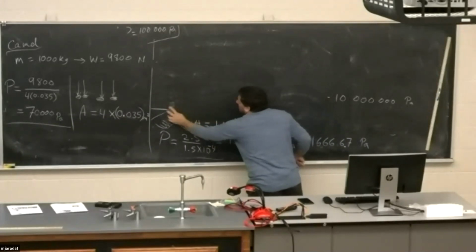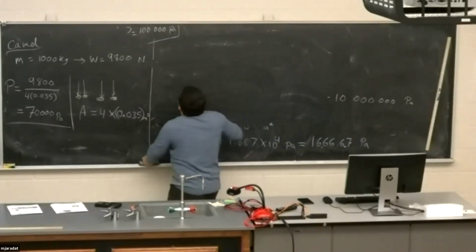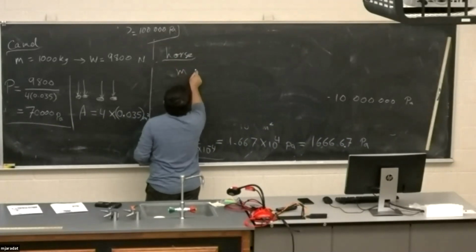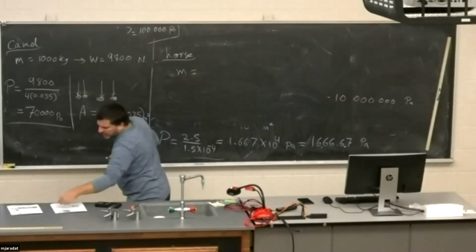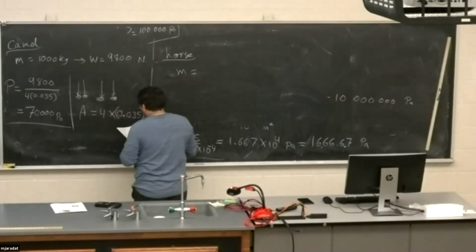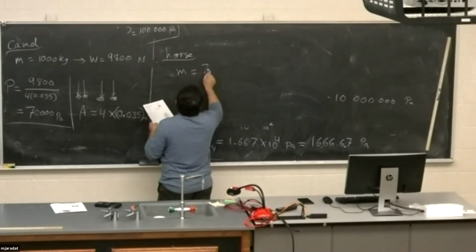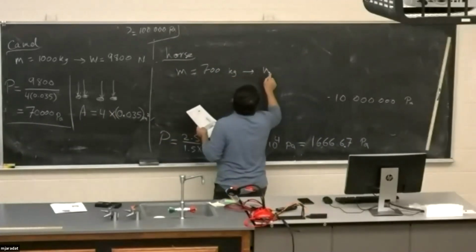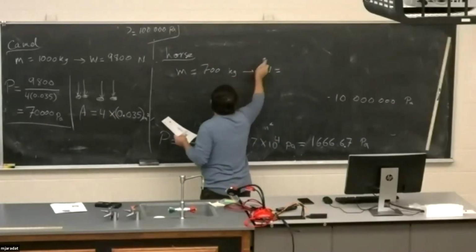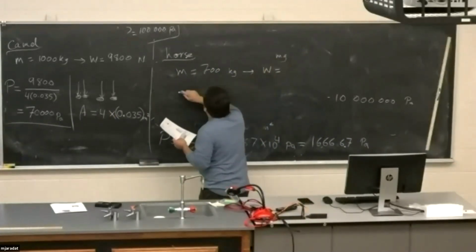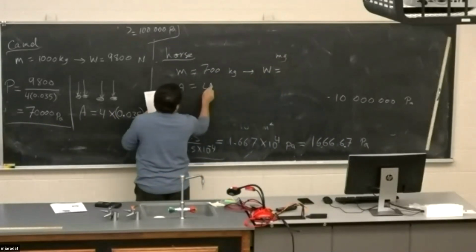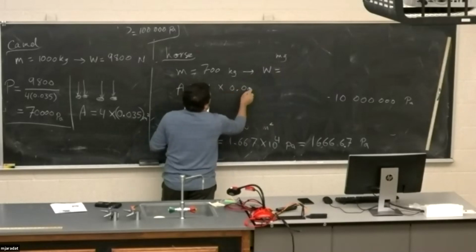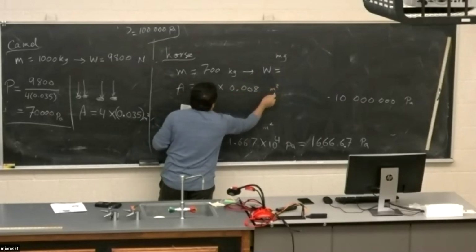Same thing. For the horse, the mass of it is, I think, 800. I put it 700 kilograms. Then the weight is equal to mg, and the area is equal to 4 multiplied by 0.008 meter squared.